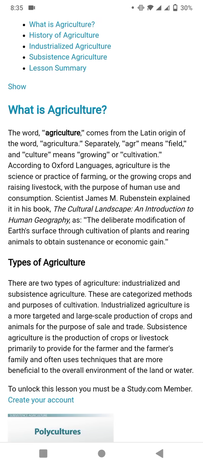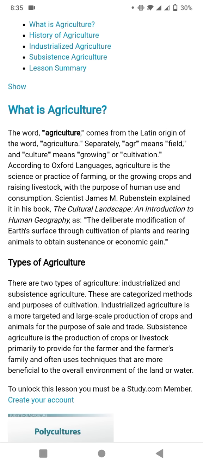Now we discuss agriculture. So what is agriculture? The word agriculture comes from Latin origin, the word agriculture separately: agr or ager means field and culture means growing or cultivation. According to Oxford Languages, agriculture is the science or practice of farming, or growing crops and raising livestock with the purpose of human use and consumption.